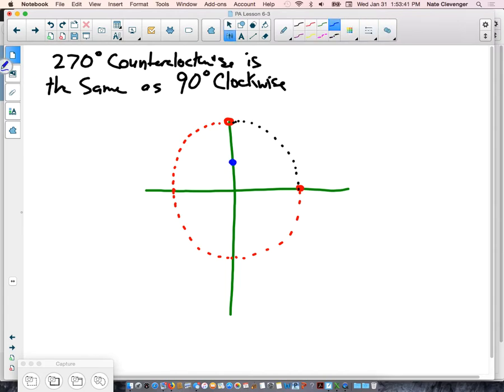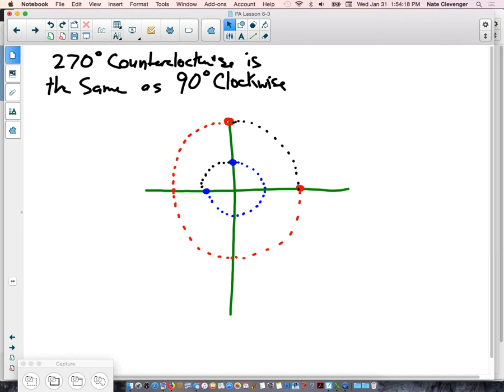All right, so we have this one that I want to rotate 270 degrees clockwise. So this point I'm going to rotate 270 degrees clockwise. Whoops, went too far there, didn't I? Takes me to there. So a 270 degree clockwise rotation would be the same thing as a 90 degree counterclockwise rotation.